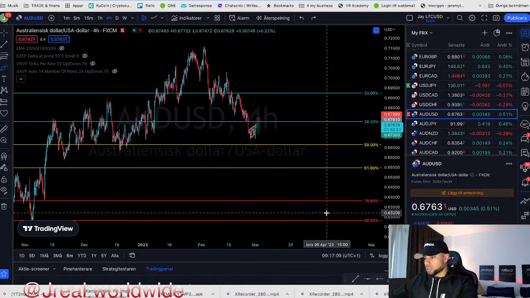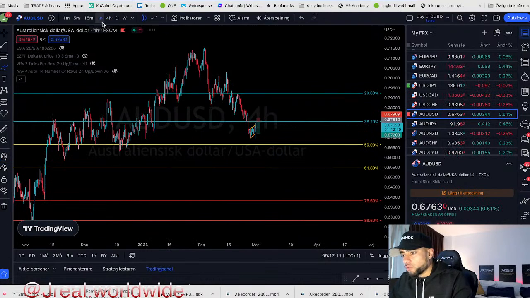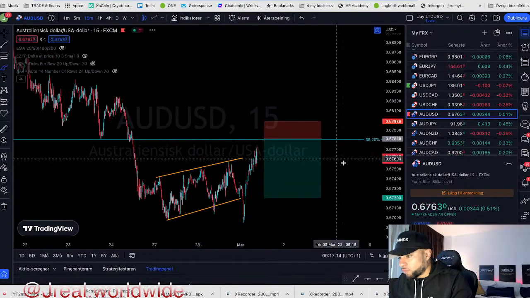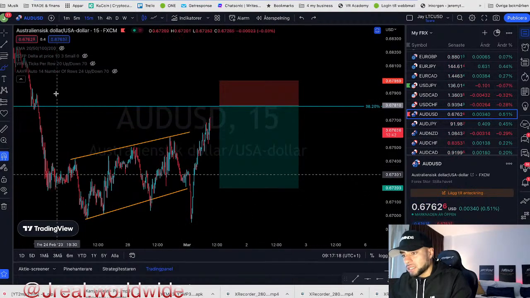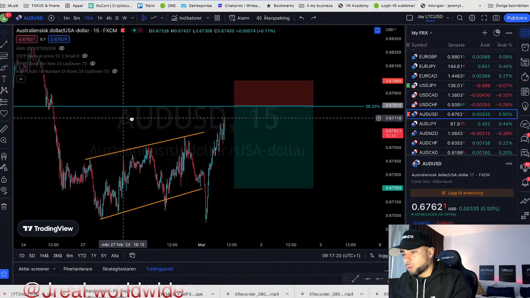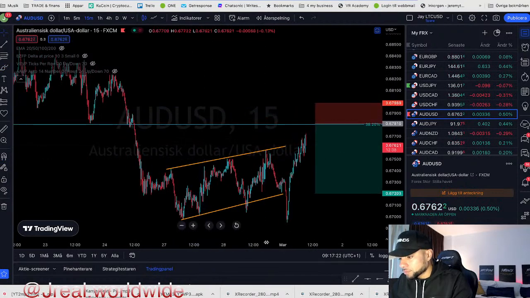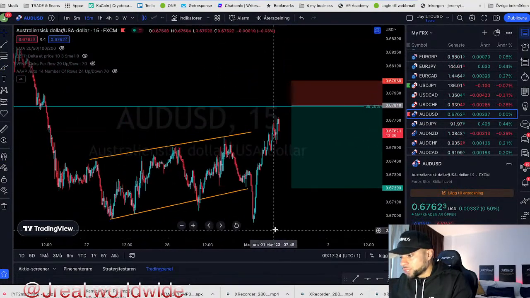So this is what I'm seeing for it. So we're looking for a sell. We're looking for a sell setup. And we will check the fundamentals in a second, just to confirm that we are not, you know, talking rubbish here.